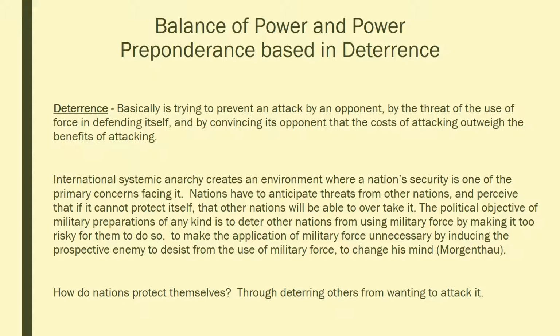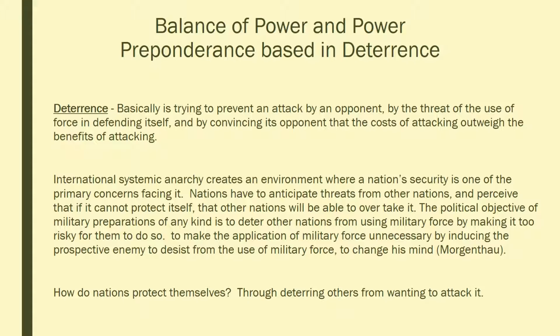Nations have to anticipate the threats from other nations and perceive that if it cannot protect itself, other nation-states will be able to overtake it. The political objective of military preparations of any kind is to deter other nation-states from using military force by making it too risky for them to do so, to make the application of military force unnecessary by inducing the prospective enemy to desist from using their military force.